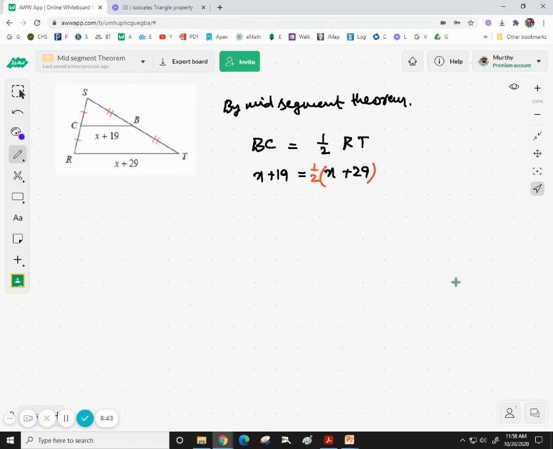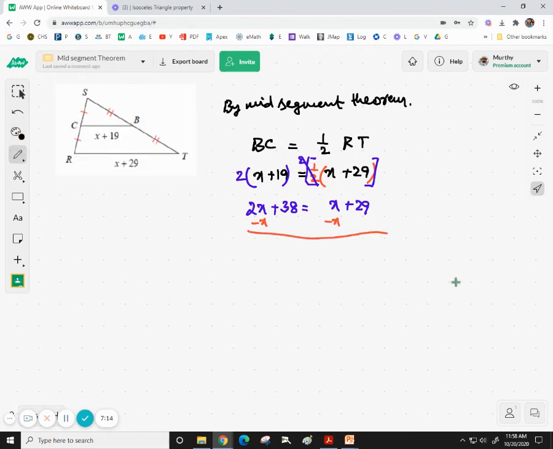Now let's compute. So in order to eliminate this half, I have to multiply by 2 on both sides. So 2 times x plus 19 gives me 2x plus 38. The 2 and the half get cancelled, leaving x plus 29. So the next step, you know how to compute, take away x on both sides.